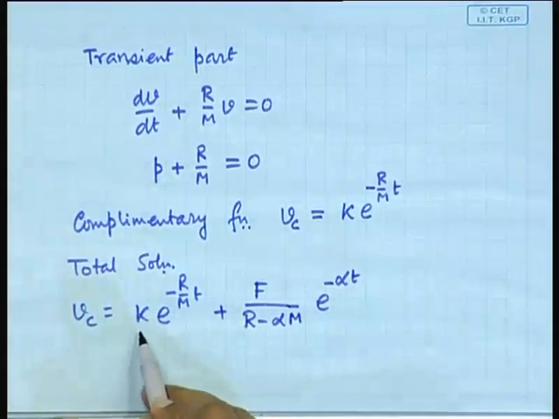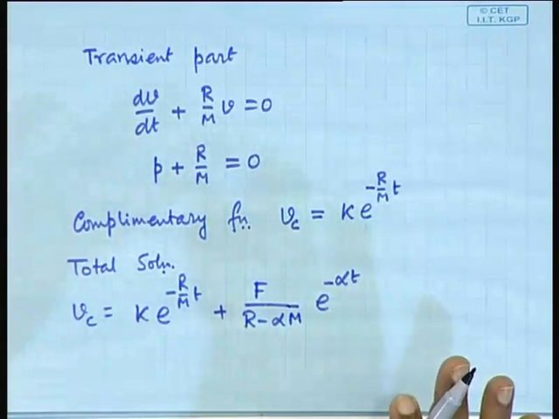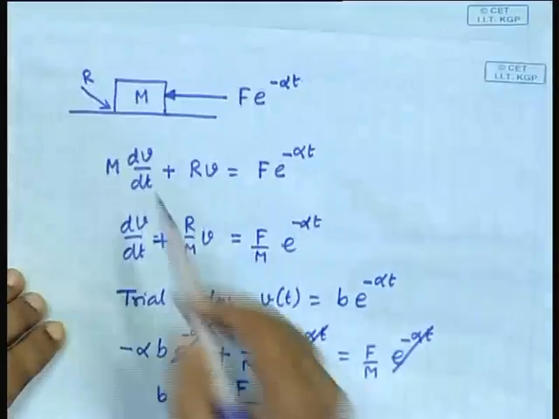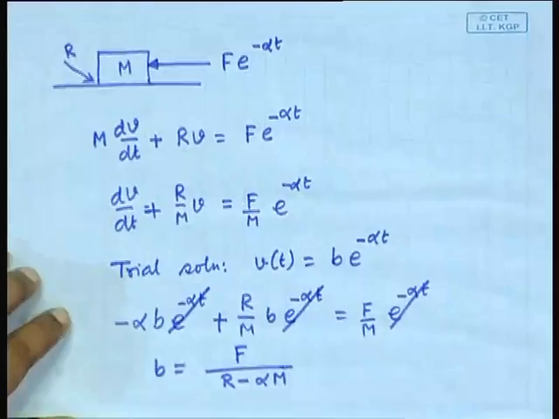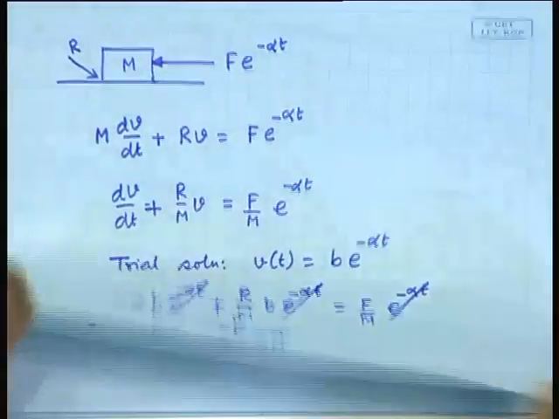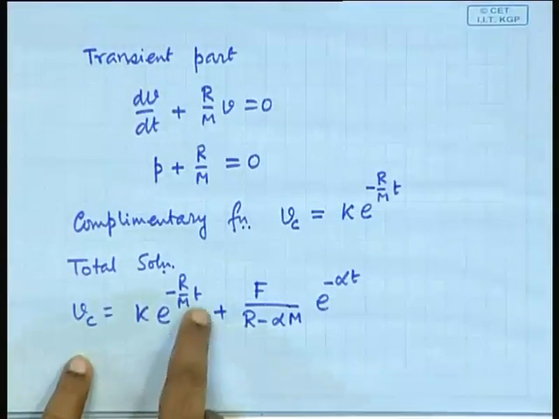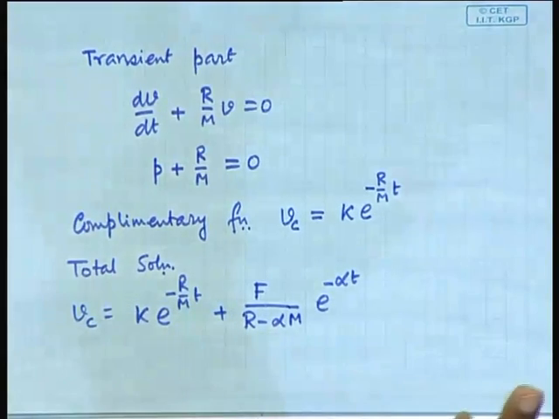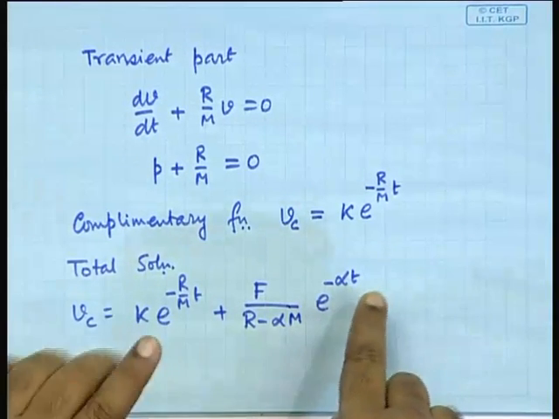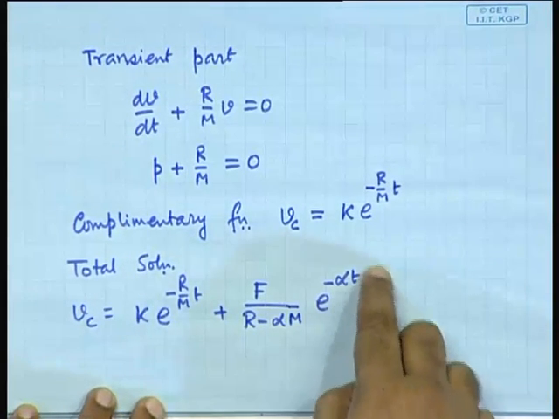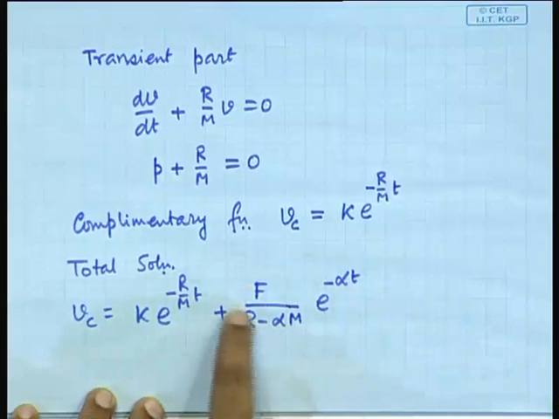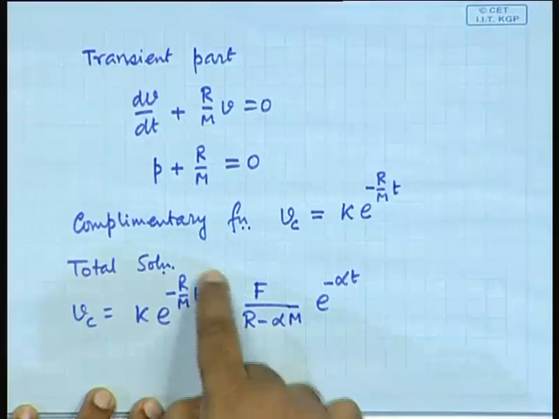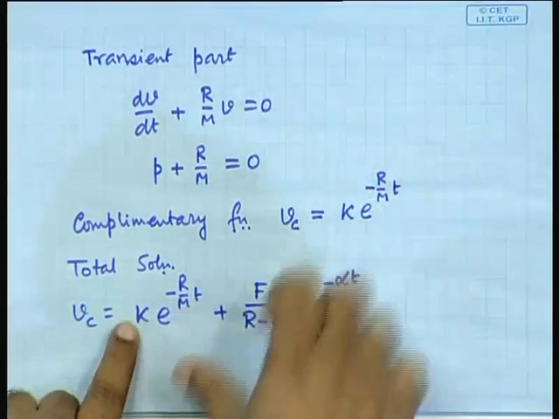And now k has to be obtained from the initial condition, only one unknown. If the initial value is known, suppose it starts from rest, v is 0. If you put t is 0, then this exponential term is 1, and the total is 0.